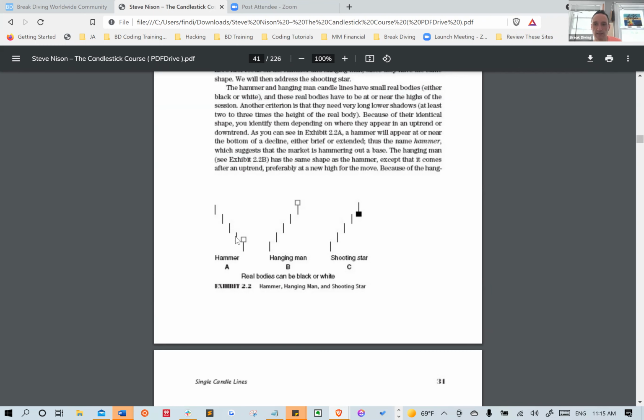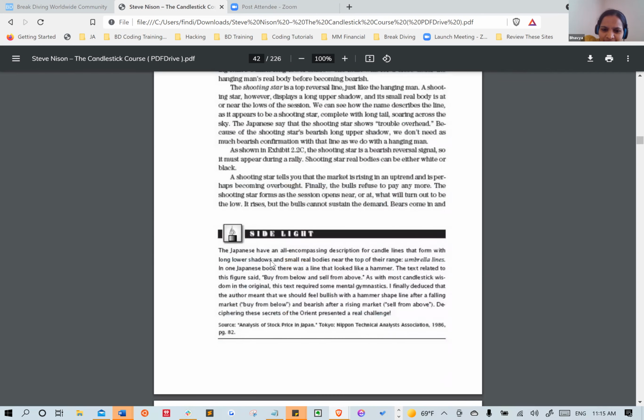Is that correct? A hammer and a hanging man. The hammer and the hanging man are umbrella lines.